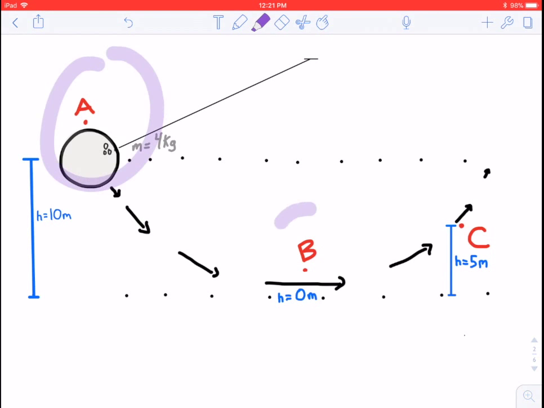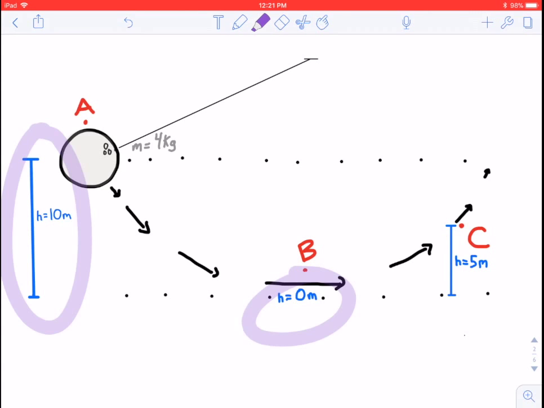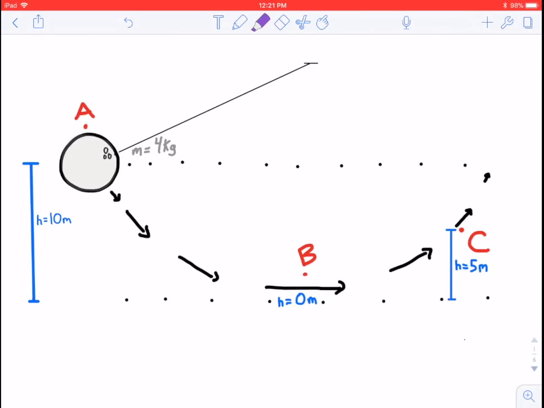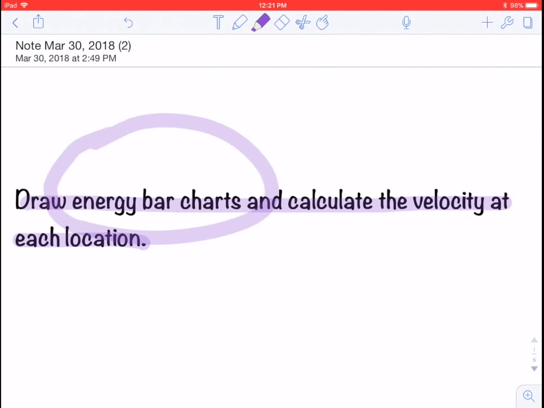We have A, B, and C. The starting height is 10 meters, the height at the bottom is 0, and at location C it rose back up to 5 meters and is still moving. The mass of the bowling ball is 4 kilograms. So we have all the information to draw energy bar charts at each location and calculate the velocity at each location.